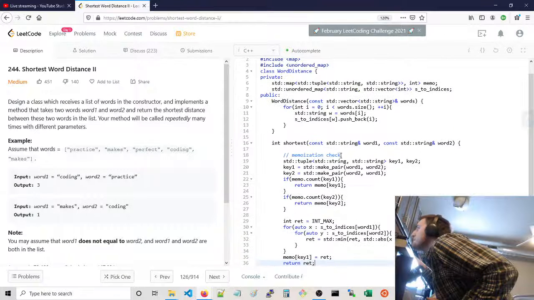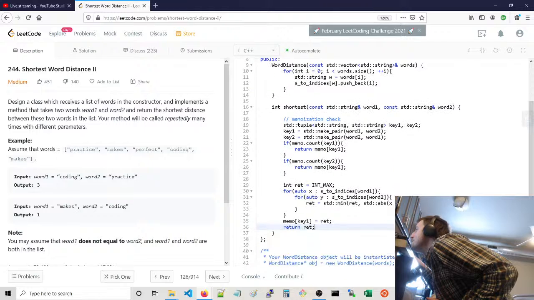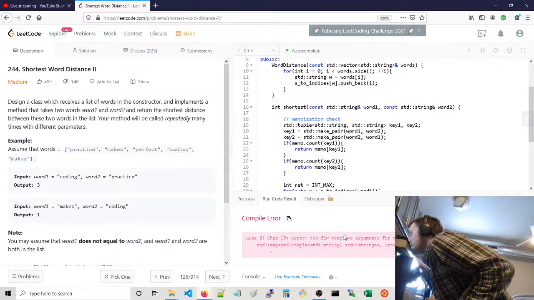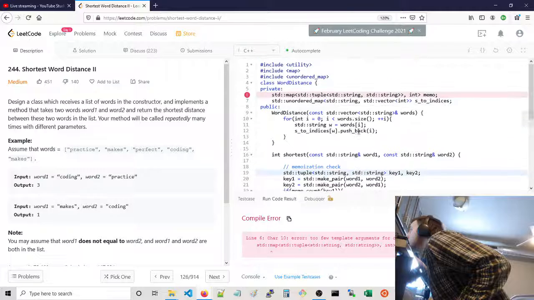Something like this ought to do the trick. Let's see what we do. Compile error. Too few template arguments for class template map.